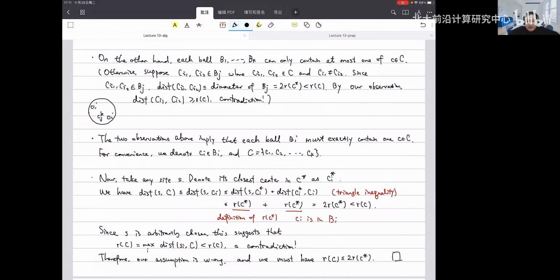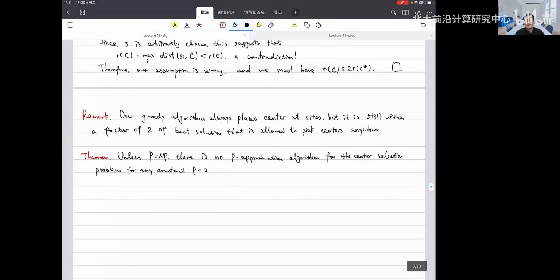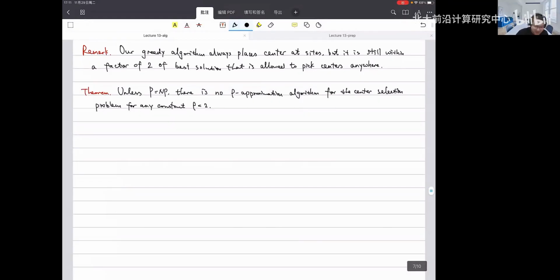Okay, so if there's no question, let's talk about the last part of today's lecture. I think basically the last part of the whole class, which is the knapsack problem again. Okay, so I guess we are probably familiar with the knapsack problem.